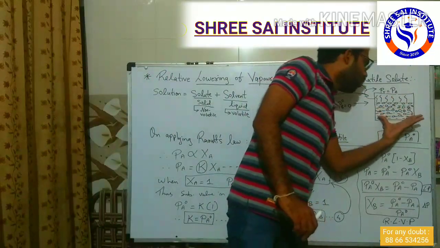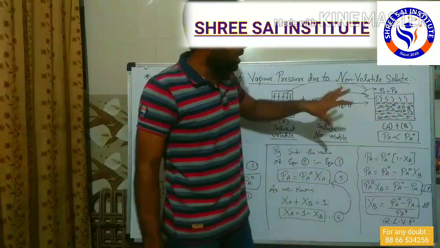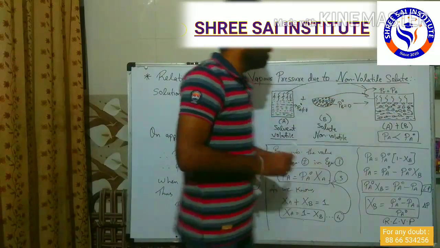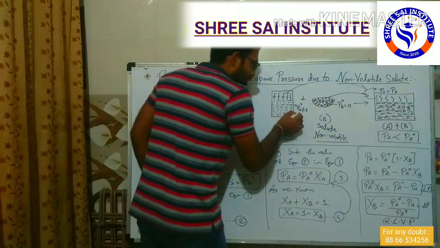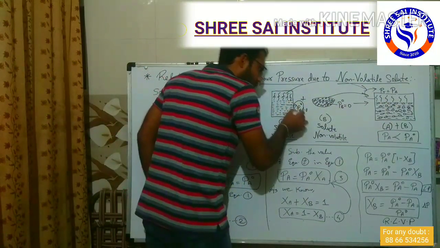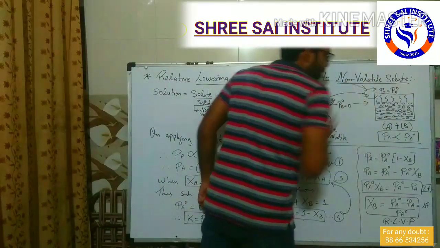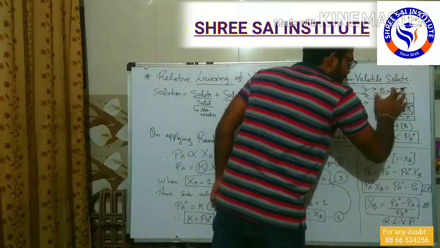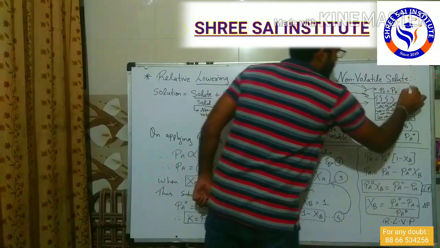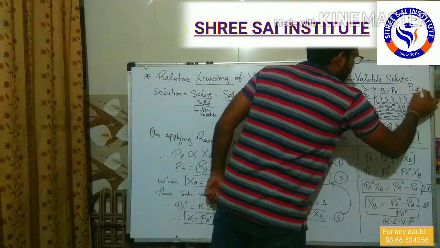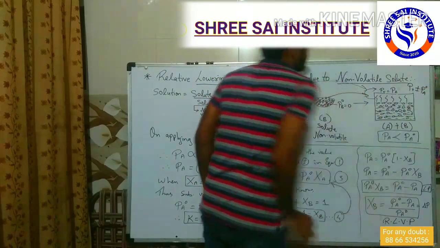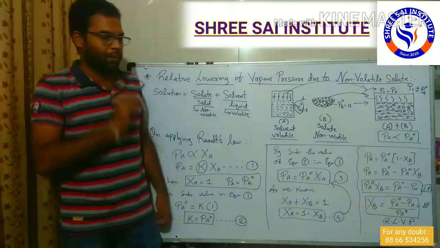But is the total vapor pressure equal to the vapor pressure of the pure solvent only? No, actually it is not like that. Pt does not equal the vapor pressure of the pure solvent. Why?